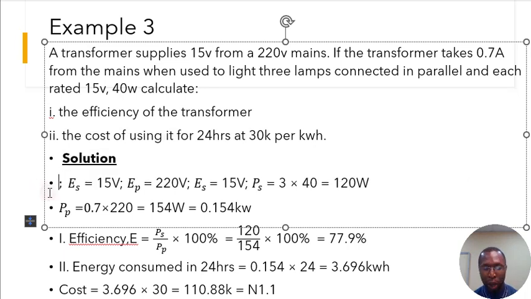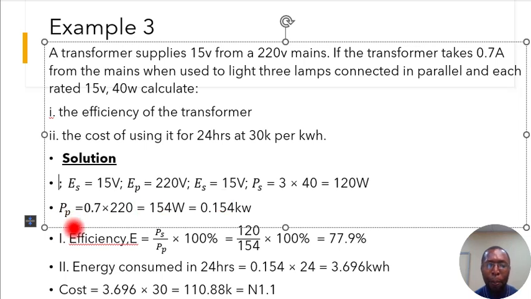All right, so in this case now we are given our secondary voltage to be 15 volt, and our primary voltage is 220 volt, like I said earlier. Then we are given the secondary power to be 3 lamps, that's 3 times 40 watt, so 40 watt for each of them times 3 of them. So the total power in the secondary is now 120 watts.